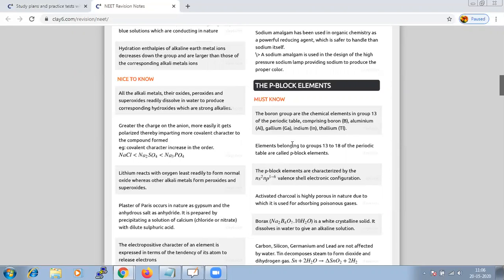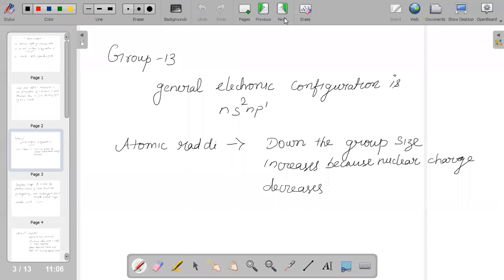The elements belonging to group 13 to group 18 of the periodic table we call P block elements. And the most important factor is that as we move down the group, the lower oxidation state becomes stable due to the inert pair effect.